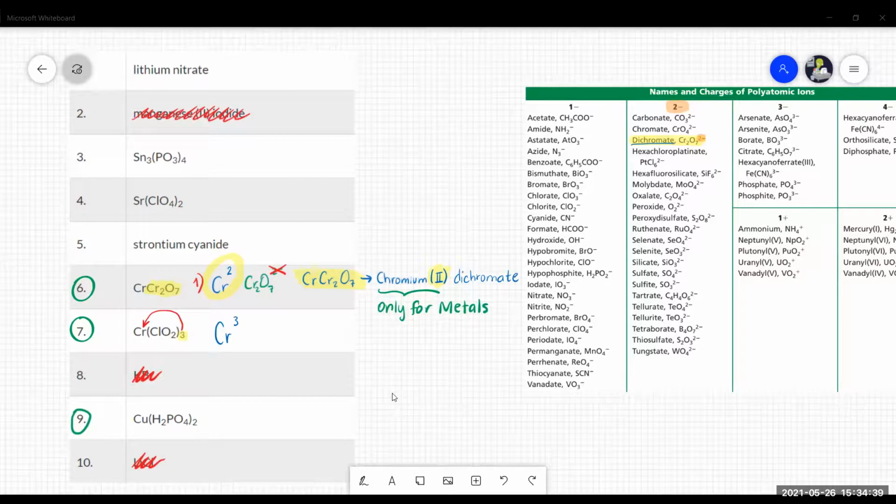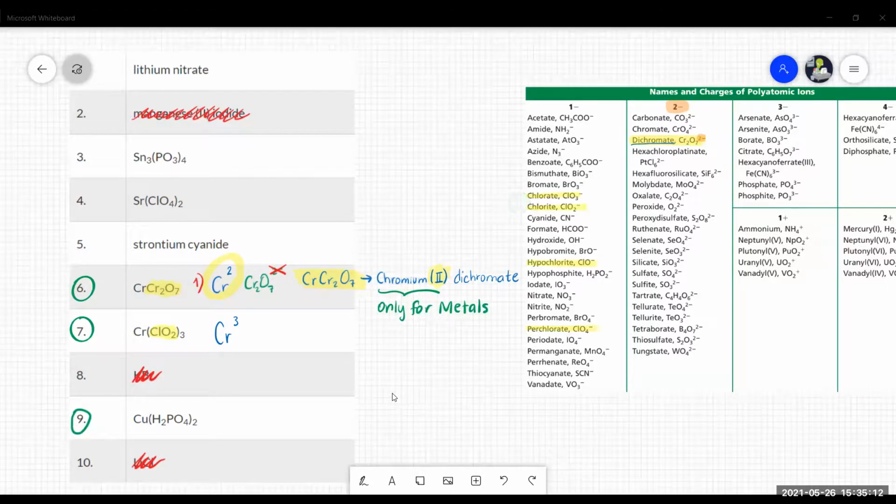So for this exercise, chromium is using 3 as a charge. Now, tell me, how do you call this polyatomic ion? Fluoride. Right. Okay, take a look. We have hypochlorite, we have perchlorate, we have chlorate, and we have chlorite.